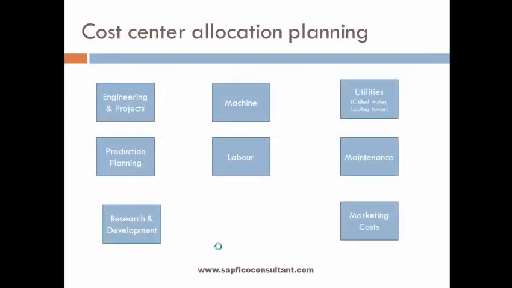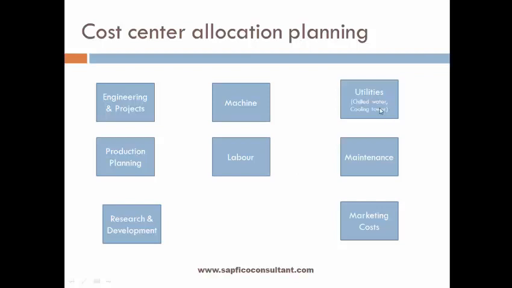Now, cost center allocation planning. Now, these are the various cost centers typically in a company, wherein we have machine and labor, from where the product actually keeps on moving. So product which is getting manufactured keeps on moving. The machine and labor are the activities which are getting updated on the product.